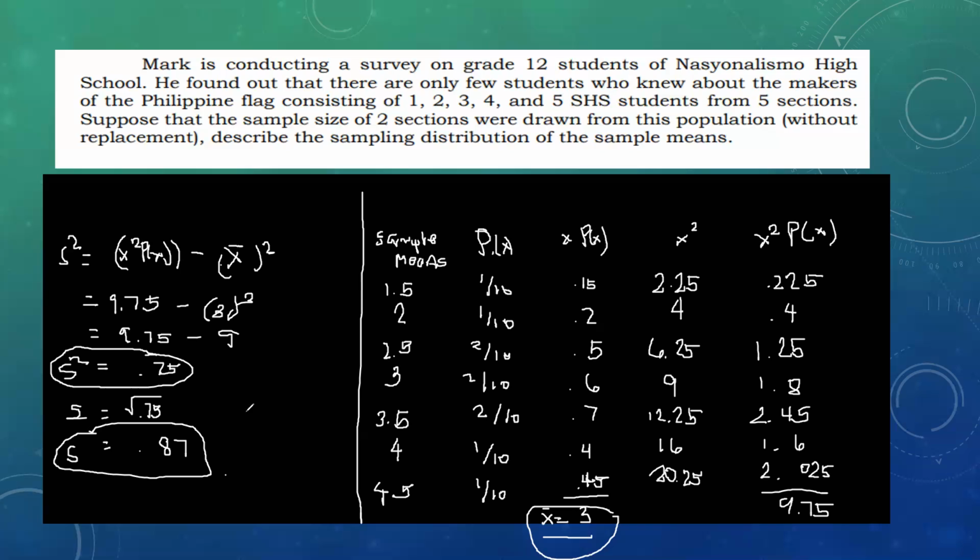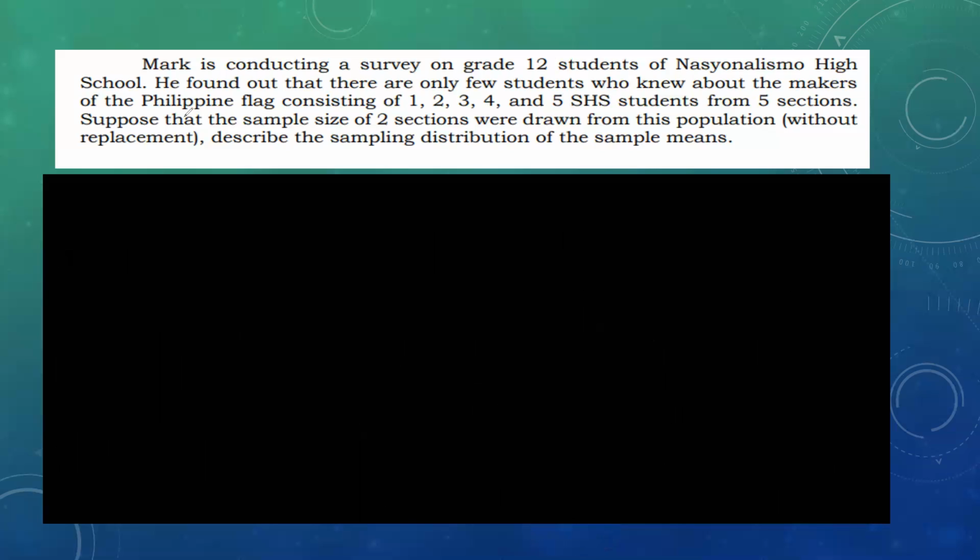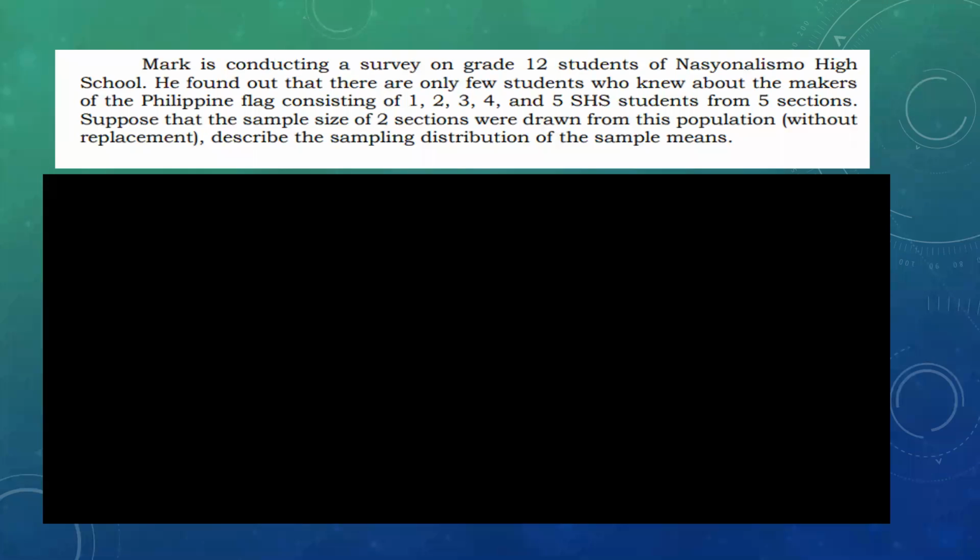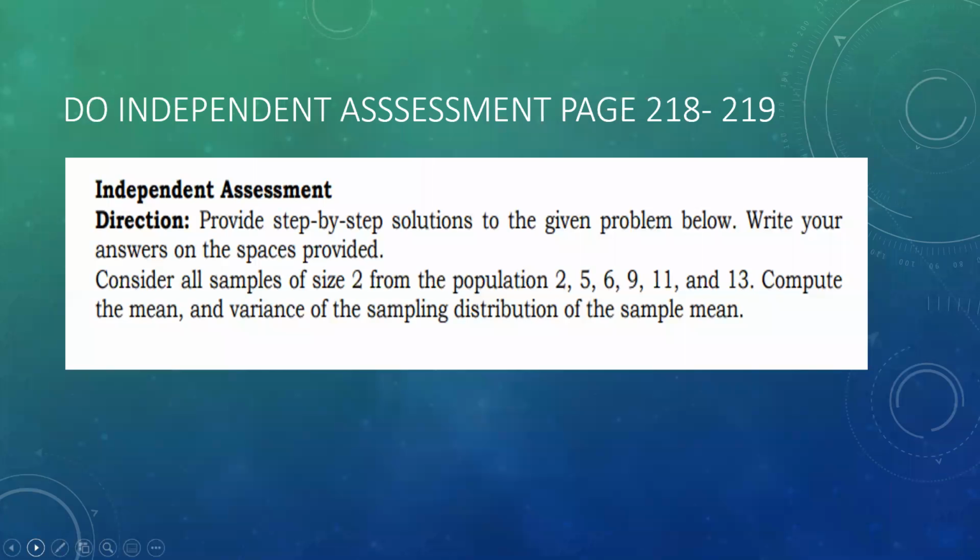So mahaba-habang trabaho yan. So with that, this is what you are going to do. Okay? So isa lang naman na pagagawa ko sa inyo. These two, the independent assessment on page 218 to 219. By this time, the given is 2, 5, 6, 9, 11, 13.